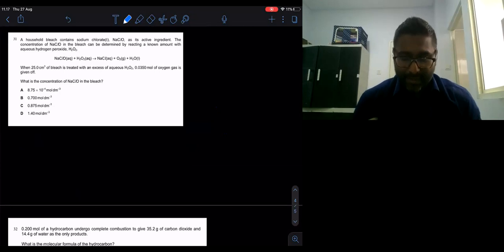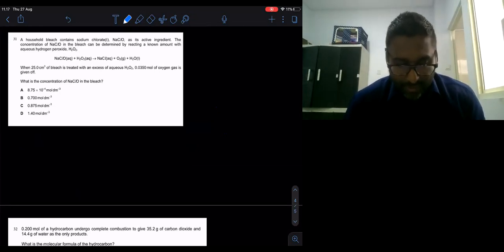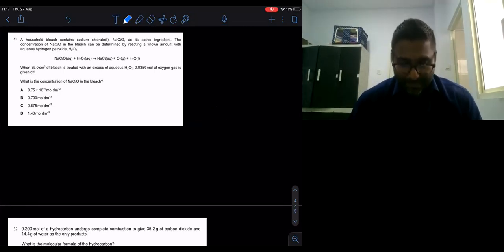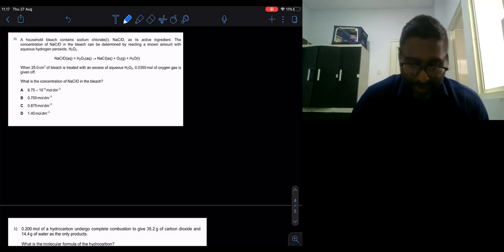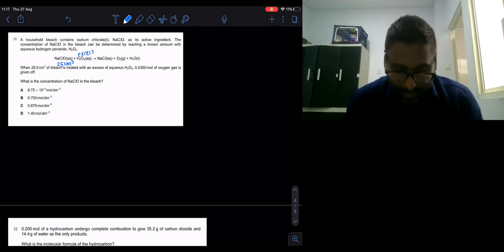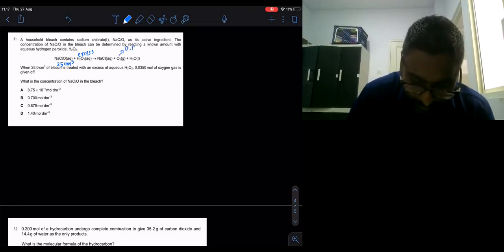Household bleach contains this one. The concentration can be determined. They say that 25 cm cube is treated with excess. This is excess. And then they say this one is given off. 0.0350 is given off.